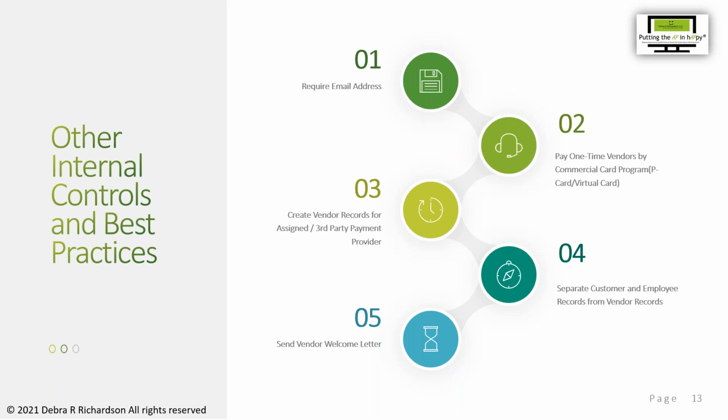Now, the next thing is to create vendor records for assigned or third-party payment providers. And I see this often, right? If you have a vendor that has assigned their payments to a third party, set up that third-party vendor as a separate vendor record.